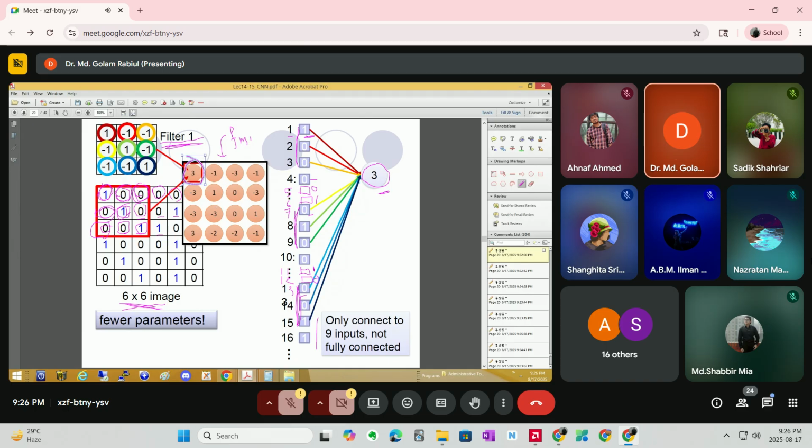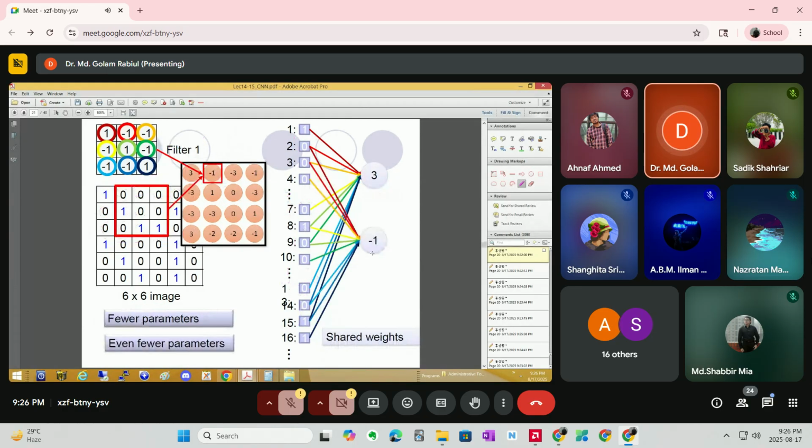Now we have to shift this filter just one step, considering stride one. After shifting, we will get the next value, which is -1.